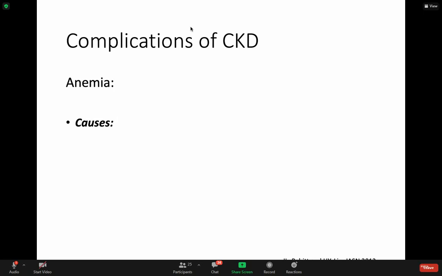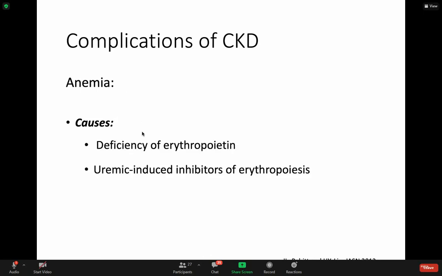And erythropoietin stimulates the production of RBCs from the bone marrow, right? So if you don't have erythropoietin, you will not have the stimulus to the bone marrow, and as a result, no more RBCs are produced, low hemoglobin. Absolutely right. In addition, with uremia, you will have toxins that inhibit erythropoiesis.